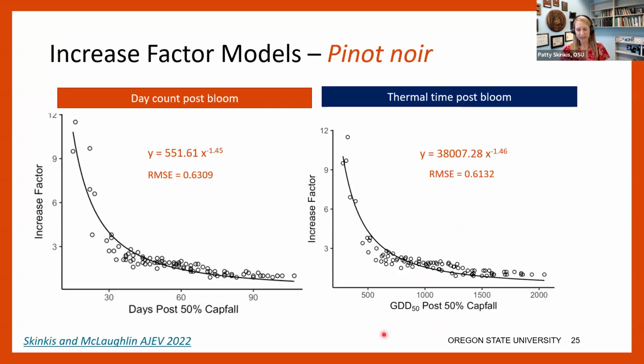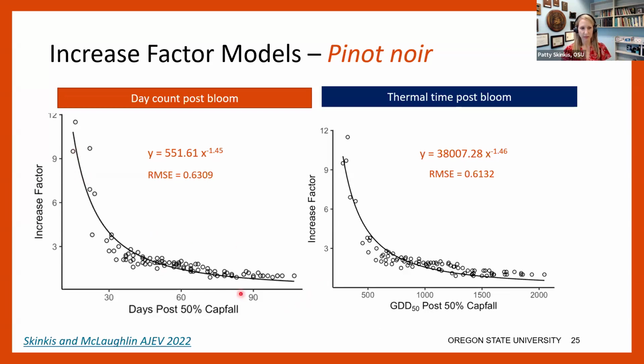And so from all of that data, those 6 years of data that we collected, we put that together into a model, and we looked at the weight at time of sampling, during these days post cap fall, relative to the harvest cluster weight. We saw a very similar trend emerge for all 6 growing seasons.